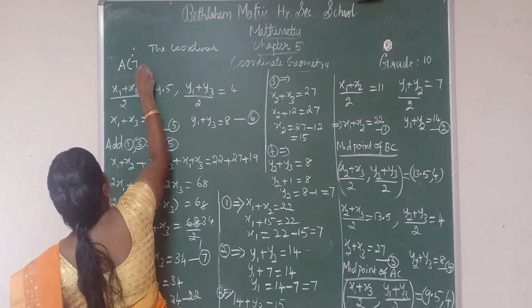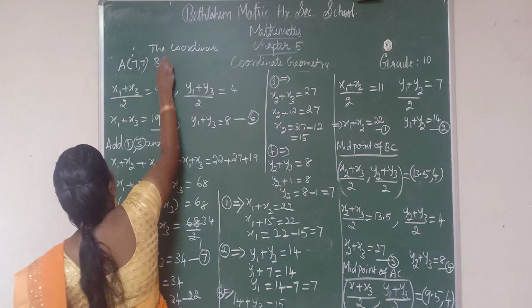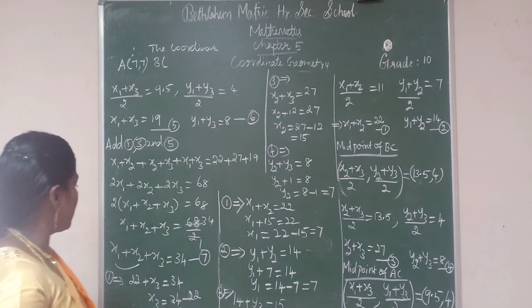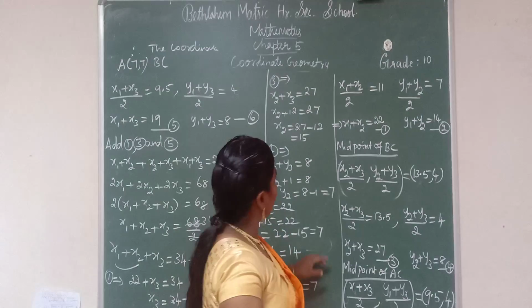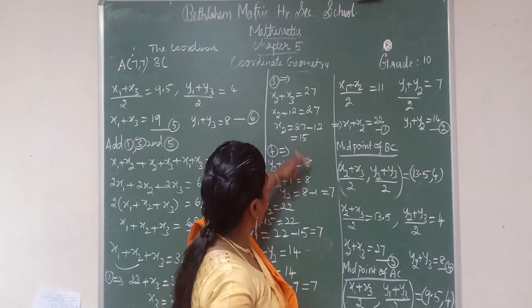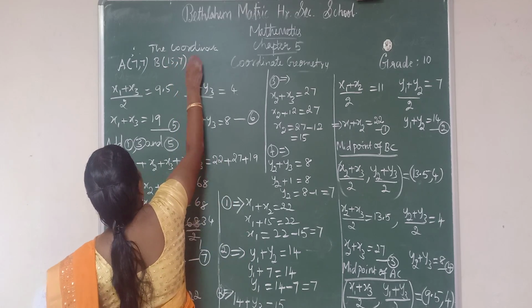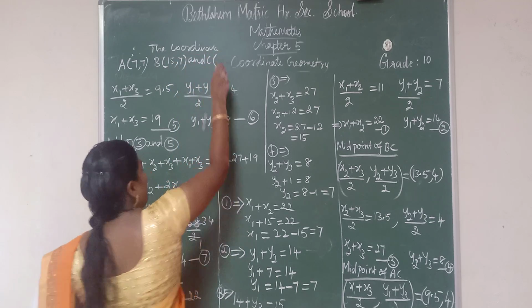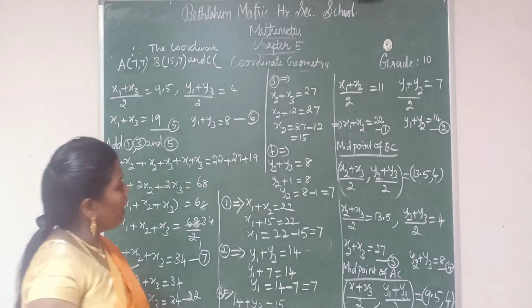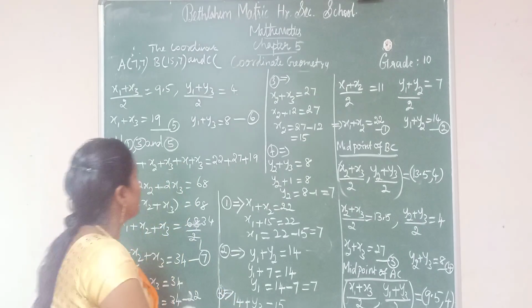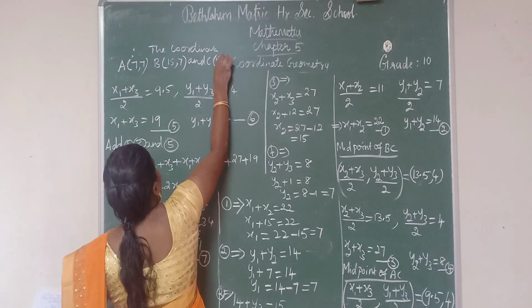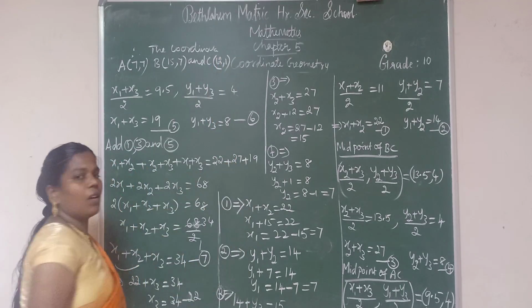A of 7, 7 and B of x2, y2. What is the value of x2? x2 is 15 and y2 is 7. B of 15, 7 and C of x3, y3, which is 12 and 1. C of 12, 1. Now we got the vertices of the triangle.